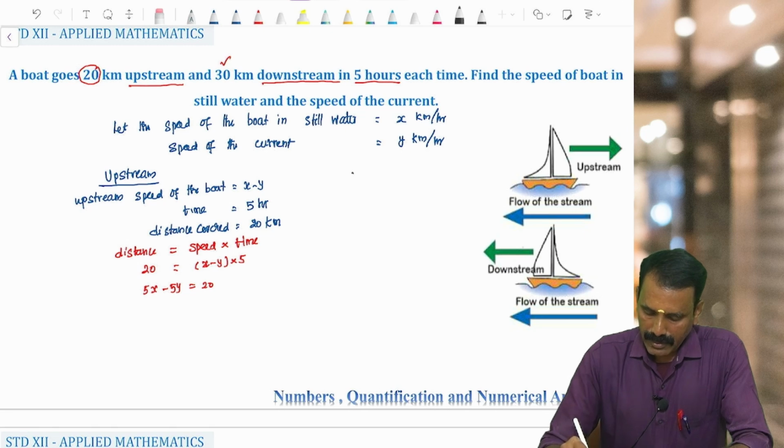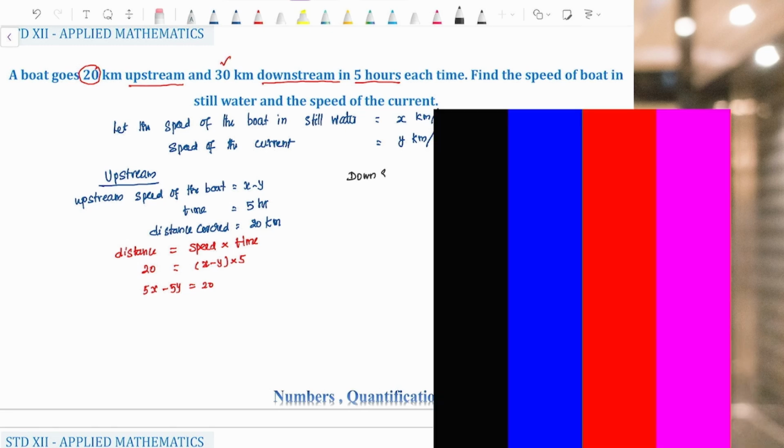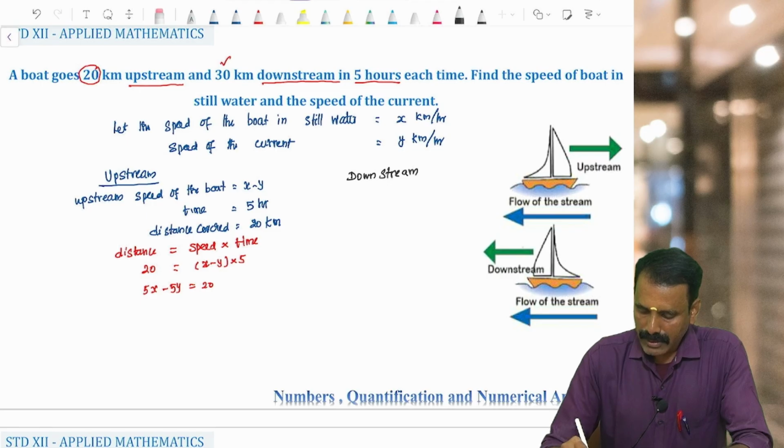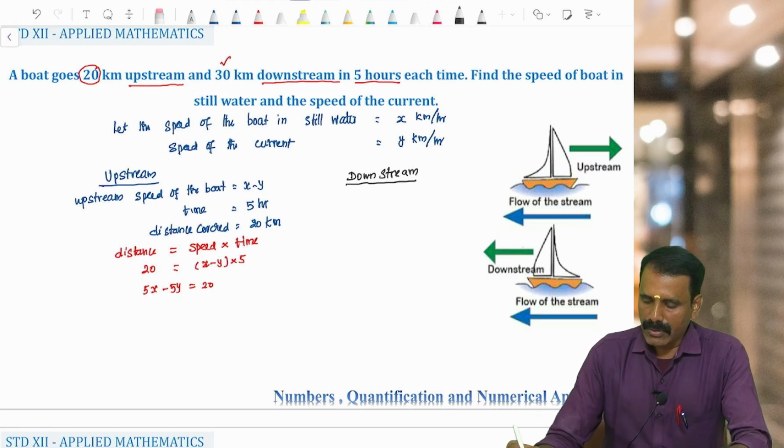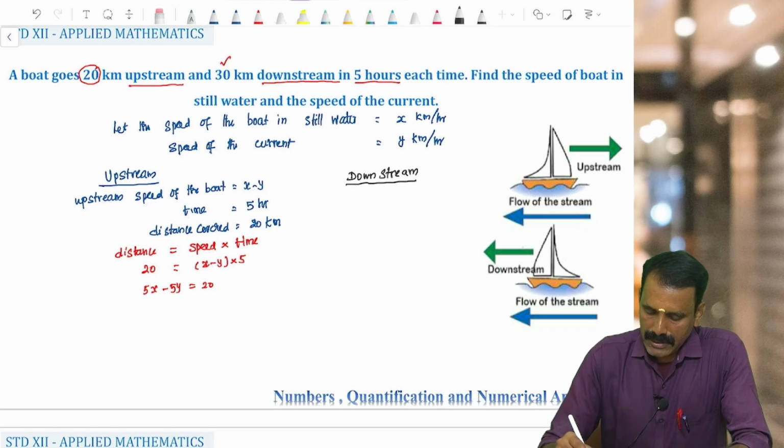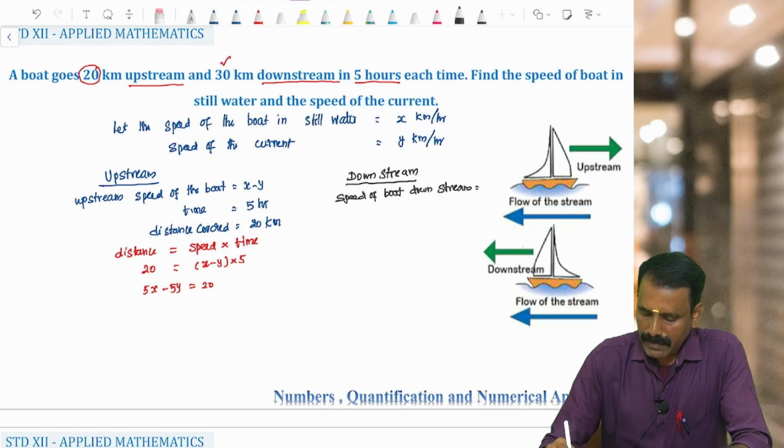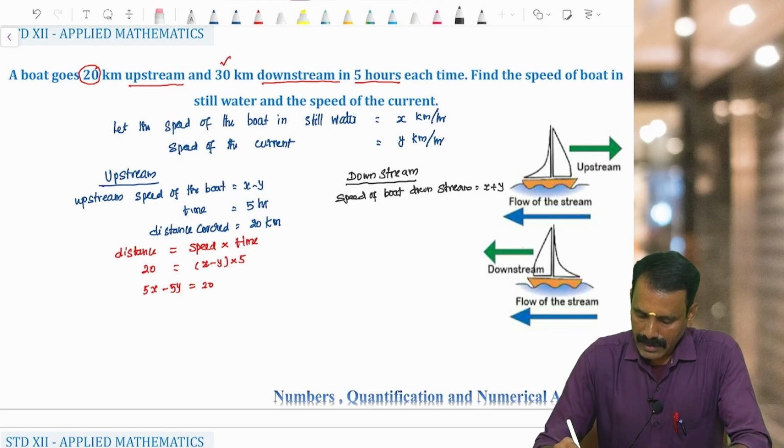For downstream, we are going to do the calculation. Downstream, the boat is going to sail along the stream of the water. It is going to go along the water. So the speed of the boat downstream will be x plus y, and the time taken is again 5 hours. Distance covered during downstream is given to be 30 kilometers.